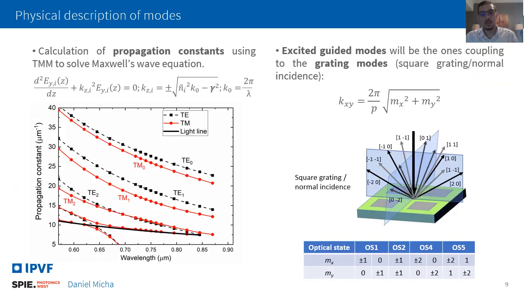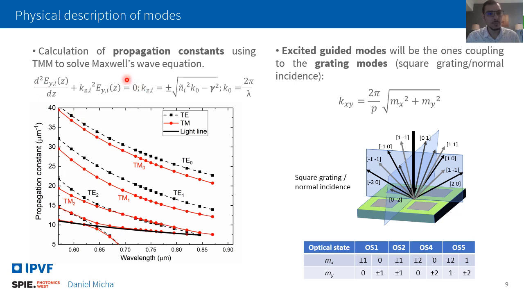So here I'm showing you on the left the calculation of the propagation constants for our structure. Propagation constants are nothing more than the eigenvalues of the wave equation for a multi-layer structure.